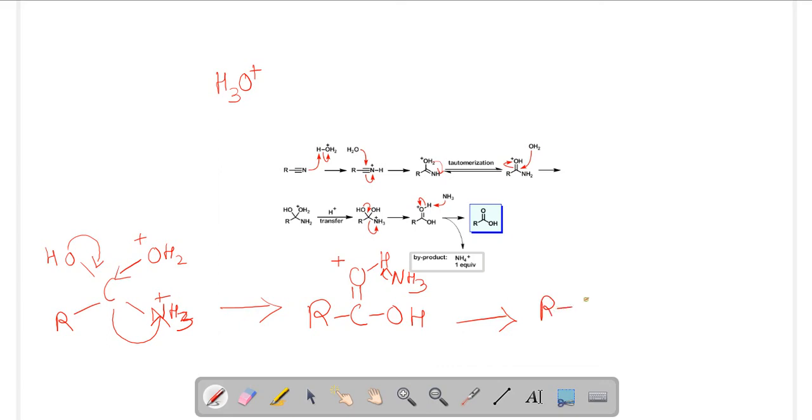The formation of RCOOH will take place, and some byproducts such as NH3 as well as NH4 plus will also be found out here. Okay, so this is the mechanism for the hydrolysis of nitriles and amides.